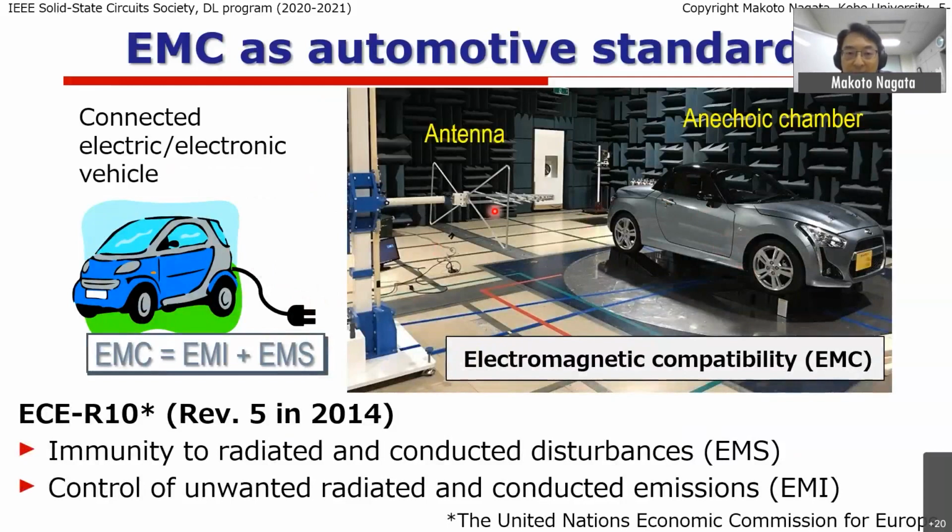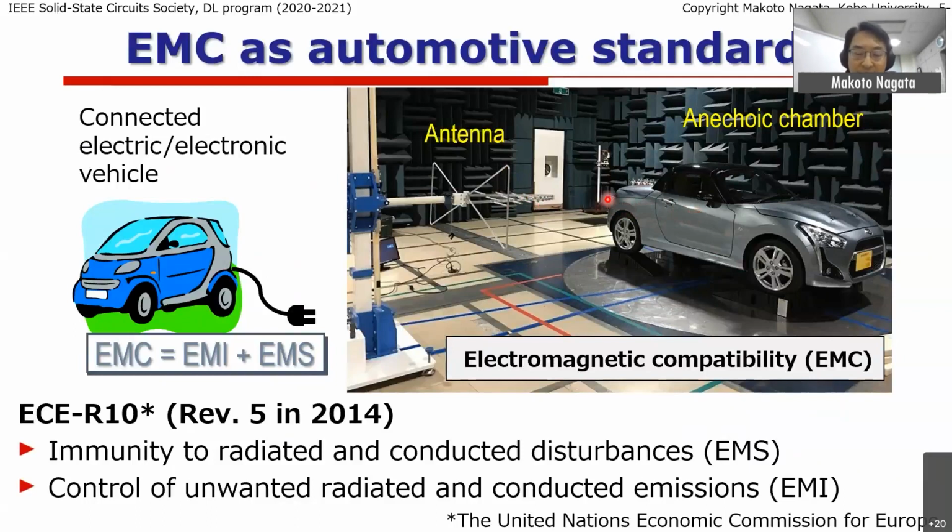The antenna is capturing some radio waves radiated from the electronics in the car. And at the same time, that antenna can inject some electromagnetic disturbances onto the electronic components of the car.